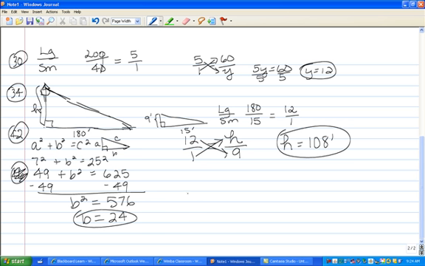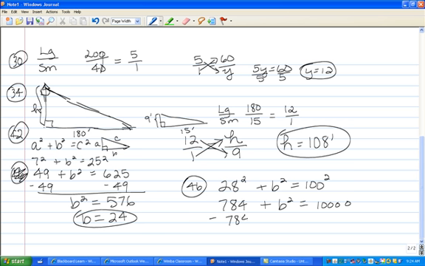Okay, and now the last one. Let's do 46. This is basically the same type of problem, only they don't give us the picture. But a squared plus b squared equals c squared. So 28 squared is 784 plus b squared equals 10,000. We want to subtract 784 from both sides.